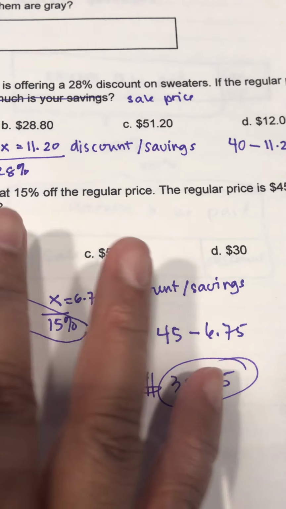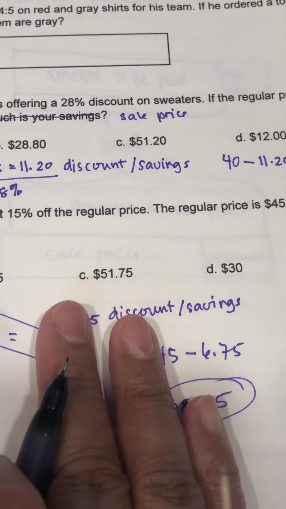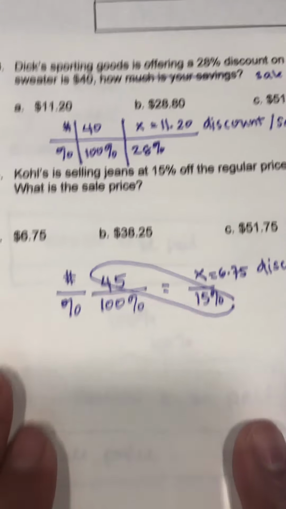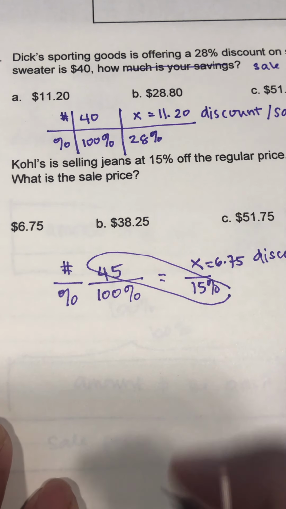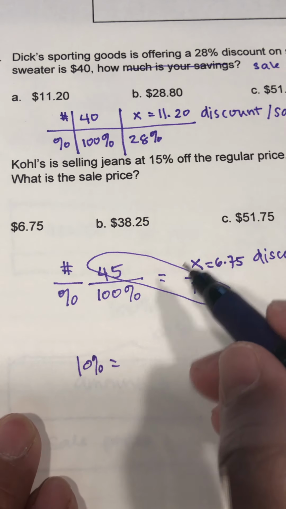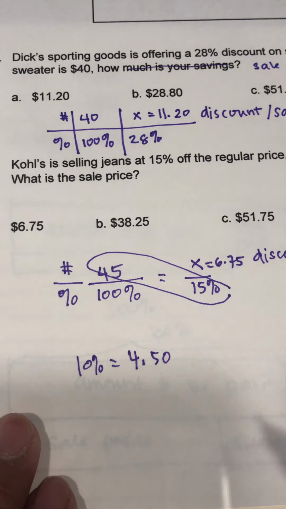Okay, so now let's try some tip here. All right, so let's do a tip problem. Oh, I was going to do a benchmark percent here. So let's do a benchmark percent of 45. So 10% is equal to, divide the 45 into 10 parts, so $4.50.